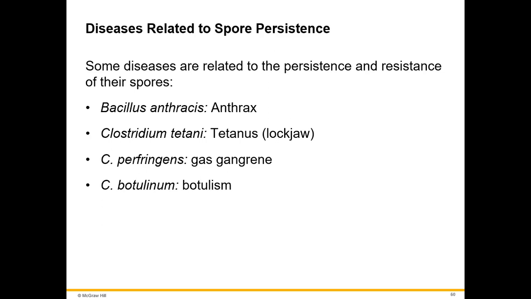There's Clostridium perfringens that causes gas gangrene and badly infected wounds. And then there's Clostridium botulinum, which can cause very severe food poisoning that is fatal. It releases a botulinum toxin that is a neurotoxin also.